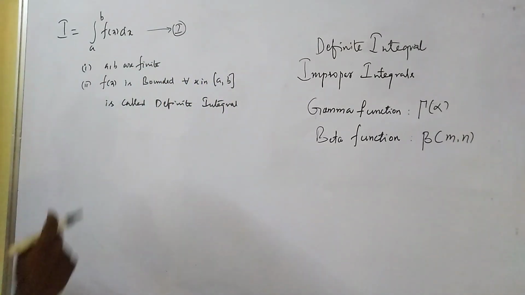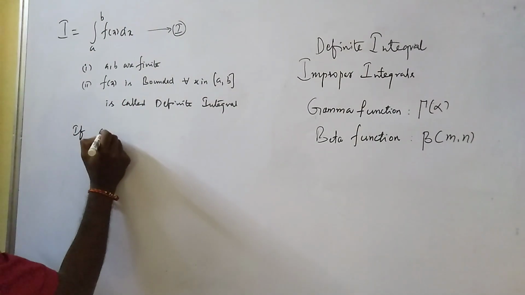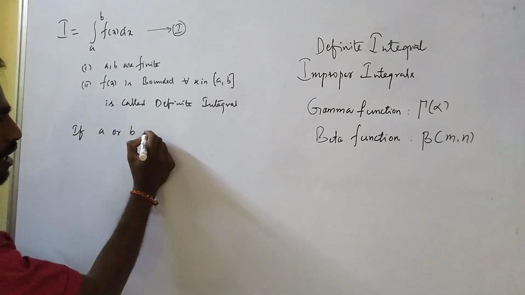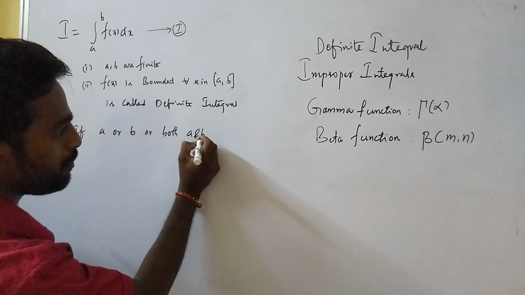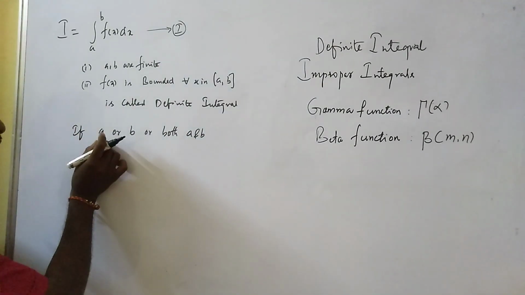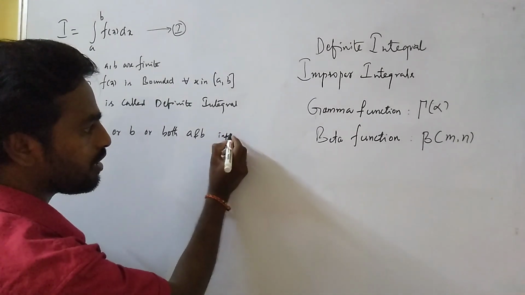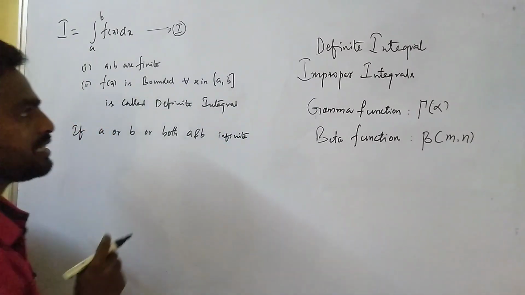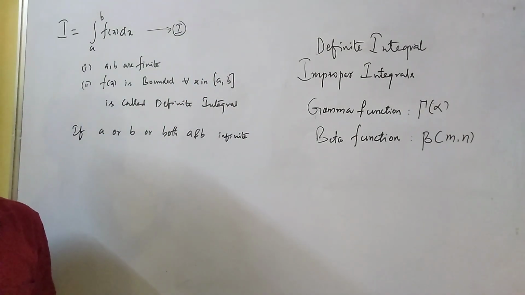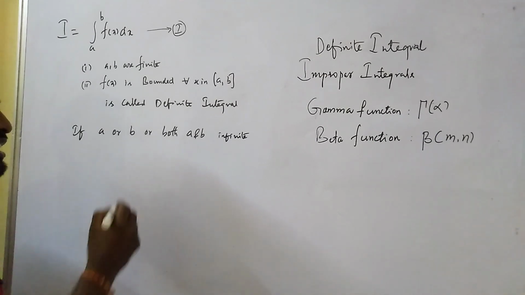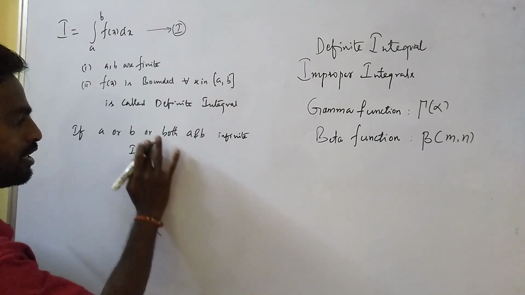In this equation, the integrand is a to b, and if a or b are infinite, in this case the given integrand, equation 1, is called the improper integral. That improper integral we call the first kind of improper integral.